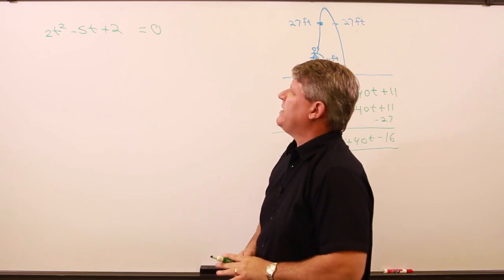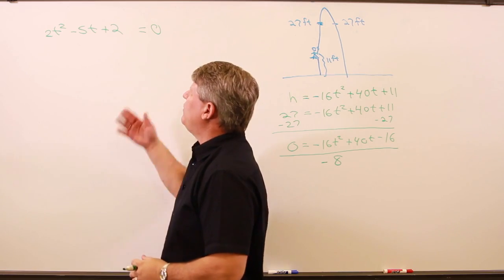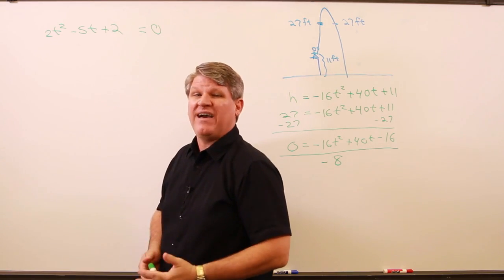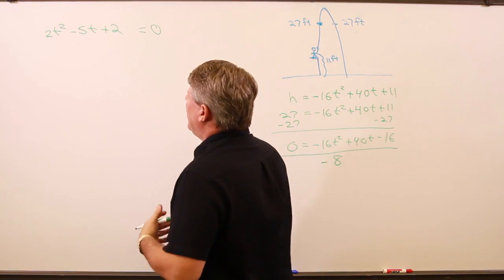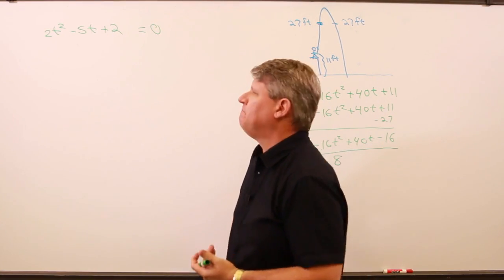Now again, as a quadratic equation, I do have the option of trying to factor this if I can. And I will tell you that this equation actually can be factored. However, I'm going to go ahead and use the quadratic formula this time.